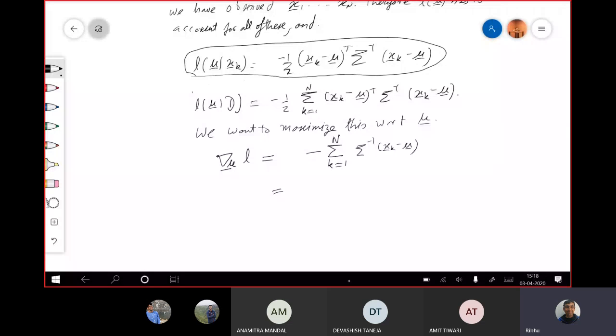Since sigma inverse cannot be 0, therefore summation k equal to 1 to n xk minus mu equals 0, or n mu equals summation k equal to 1 to n xk, or mu equals 1 over n summation k equal to 1 to n xk. Which is called the sample average.